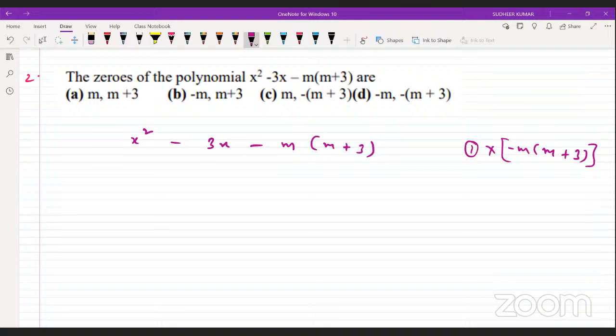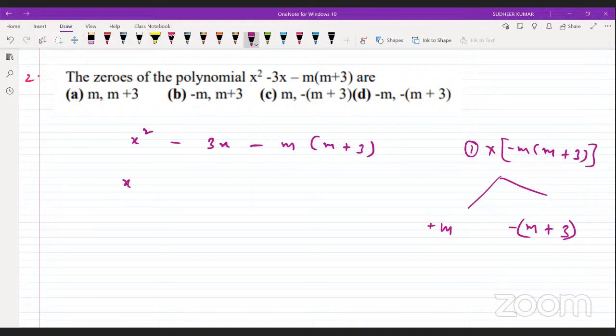So this can be expressed as m into m plus 3. When the product is negative, both factors have opposite signs. So the middle term sign is negative, the highest factor is negative. Which is the highest factor between these two? One is m, another one is m plus 3, right? So m plus 3 is the highest factor. So let us take this as negative and this as positive.